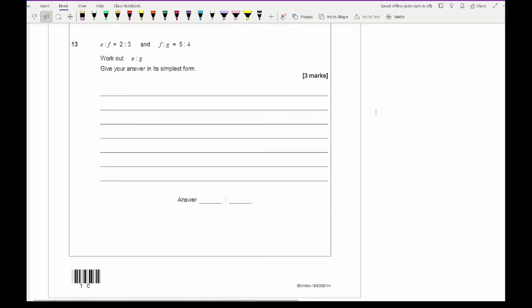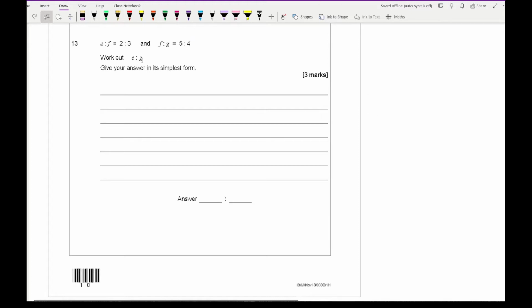The next question, question 13, it says that e to f is 2 to 3 and f to g is in the ratio of 5 to 4. So for this, all we need to do to work this out is, well, if I have e to f and I have f to g, so e to f is 2 to 3 and f to g is 5 to 4.